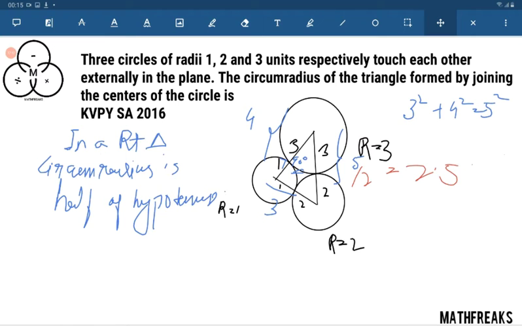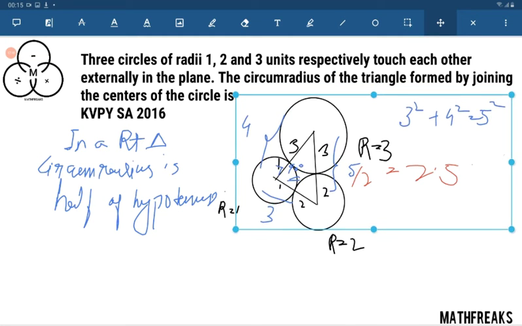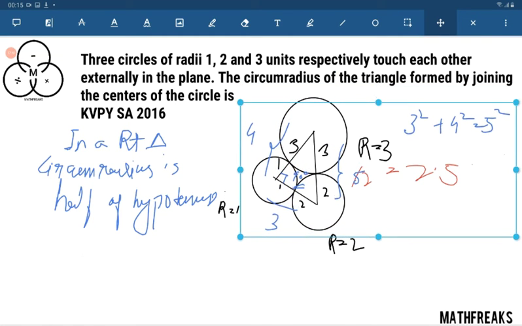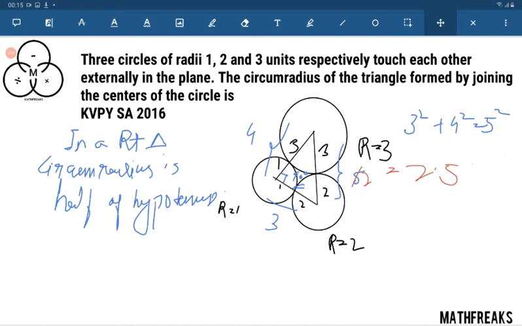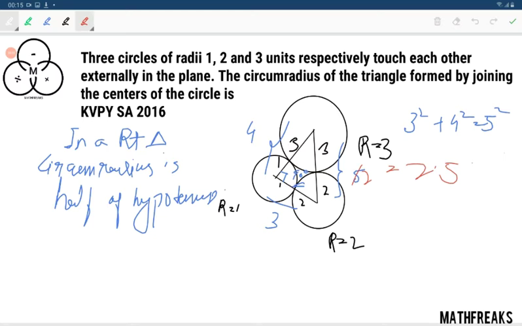Now there is a thing. We were able to solve this problem only because this is a 90 degree triangle, right angle triangle. We got the common triplet.